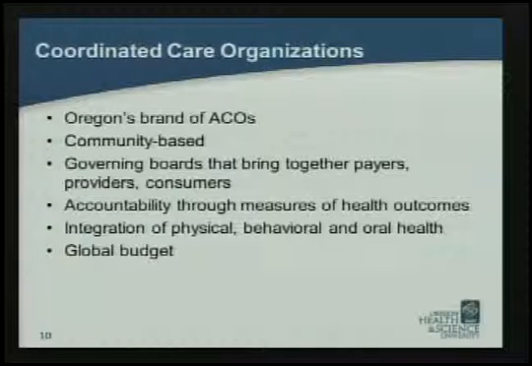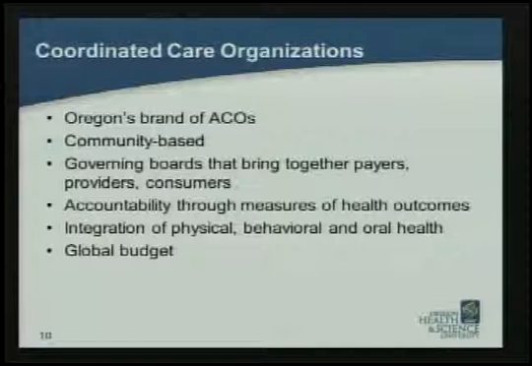And so coordinated care organizations, the CCOs, which you might have heard a lot about, some amount, or none about, are Oregon's brand of accountable care organizations. All of them are community-based, created based on communities and regions. They have governing boards that bring together all sorts of different stakeholders.